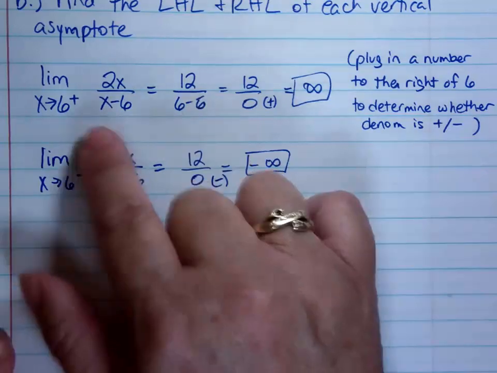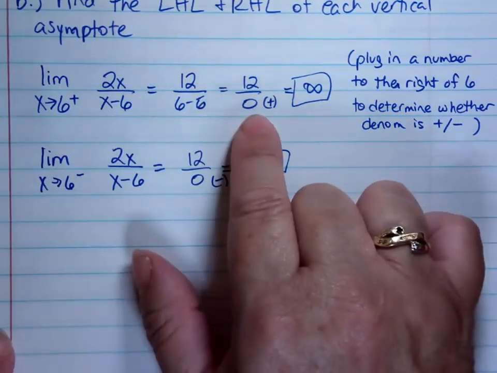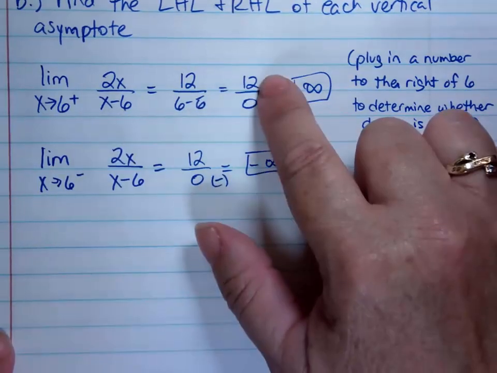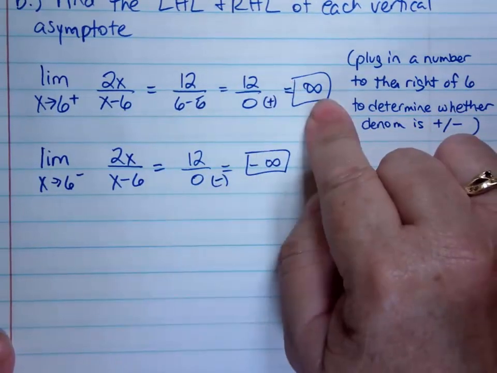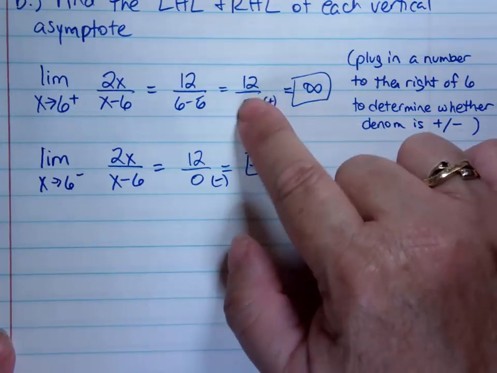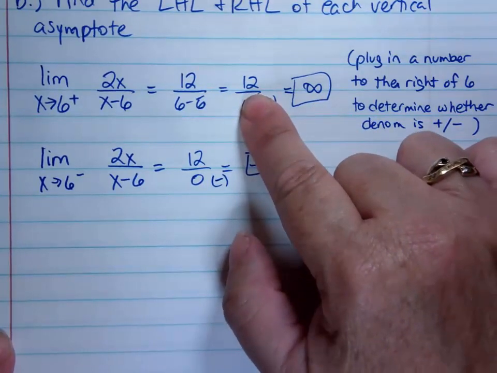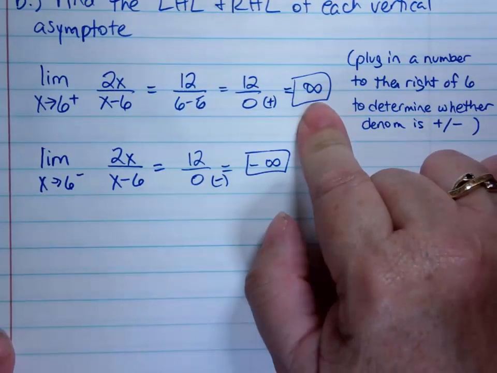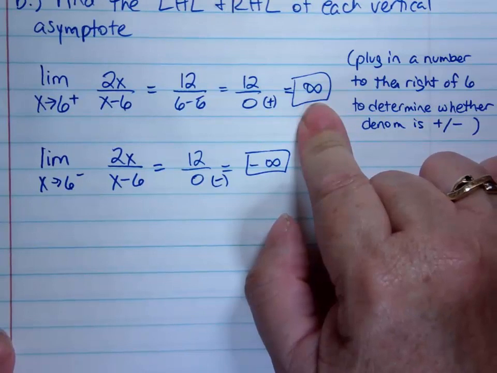The bottom is also positive because 6.1 minus 6 is a positive number. It's a positive over a positive, which gives me the positive infinity. Not necessarily that this was just a positive. You really got to look at the sign on top, because if the sign on top is negative, that would have been negative infinity. So it's the whole fraction. Yes, sir. The sign of the whole fraction.